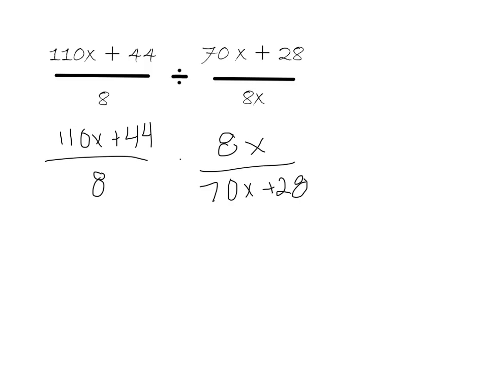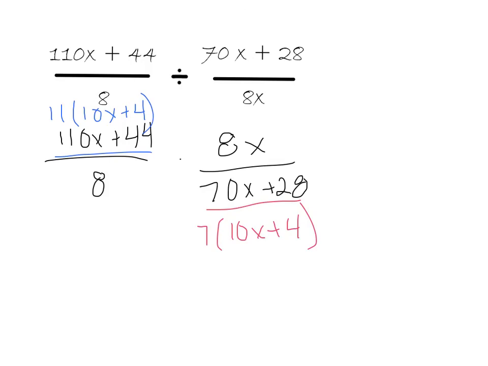Now, right away before I multiply, I want to factor things out to see if anything can cancel. So here I see that I can factor out a 7, leaving me with a 10x plus 4. Here I notice I can factor out an 11, leaving me with a 10x plus 4.